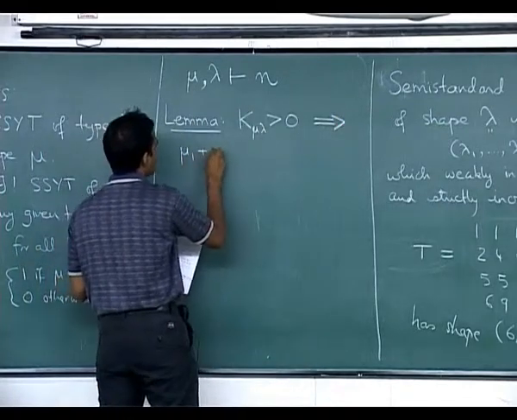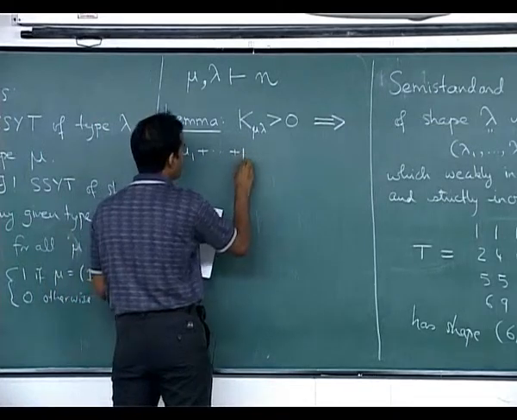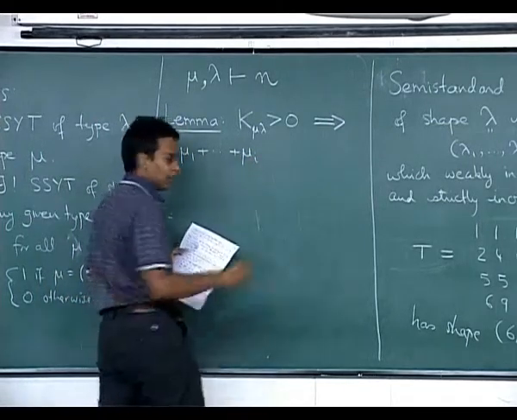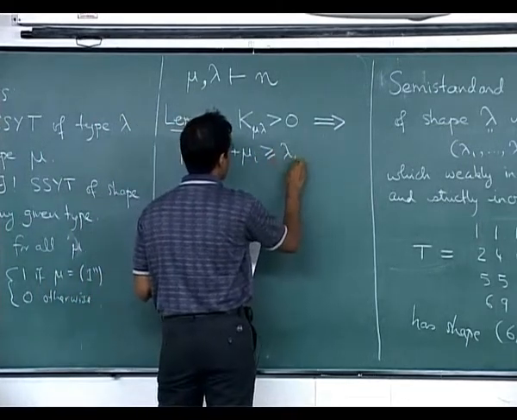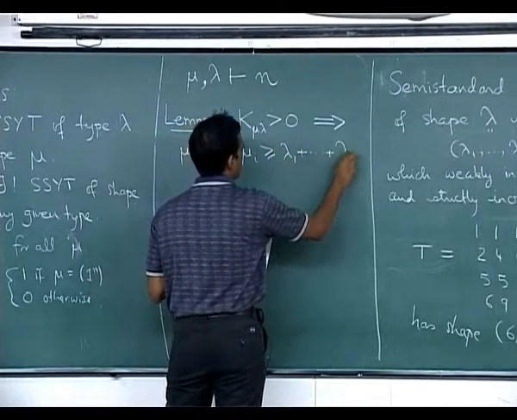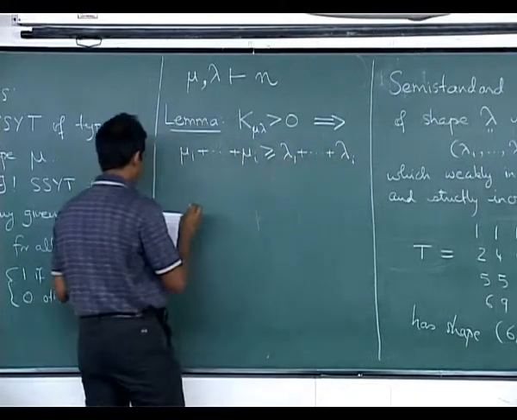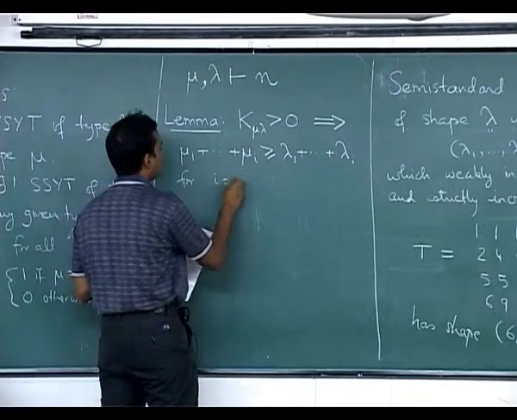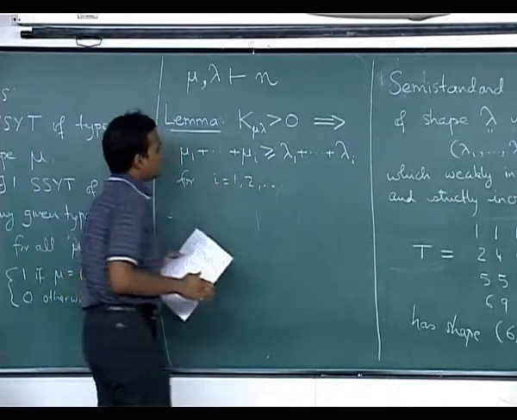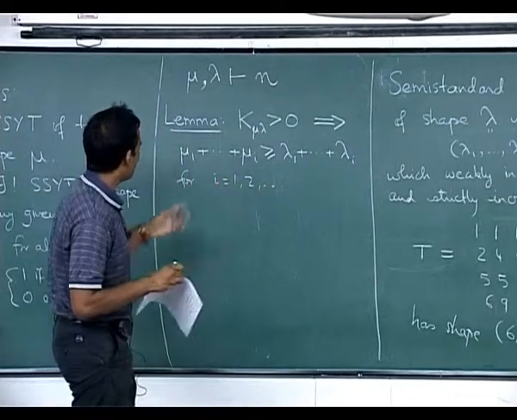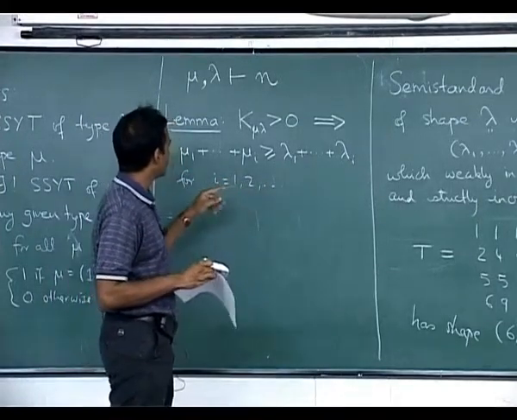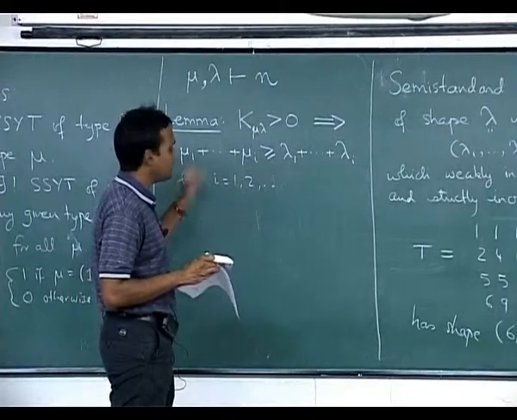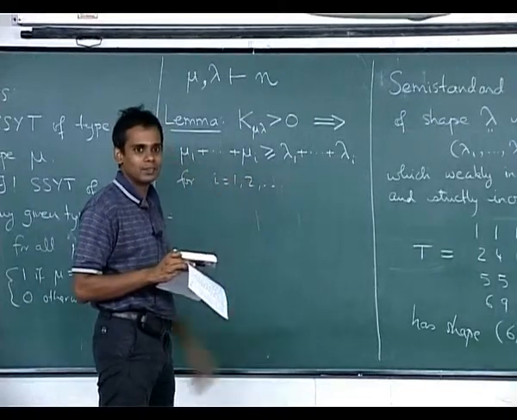mu 1 plus, you take any sum of the mu's up to some point i, is greater than or equal to lambda 1 plus up to lambda i, for i equals 1, 2, and so on. If you are worried about till where i goes, you just think of extending a partition by zeros, adding zeros at its end.